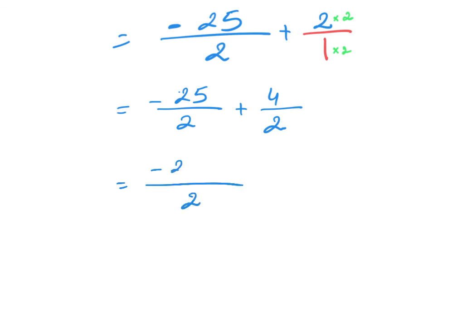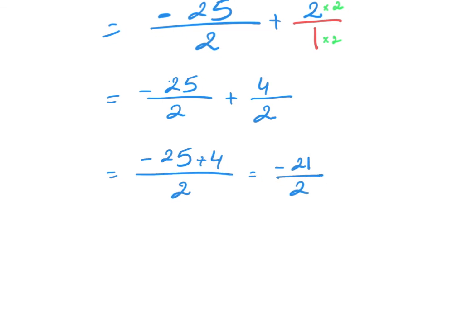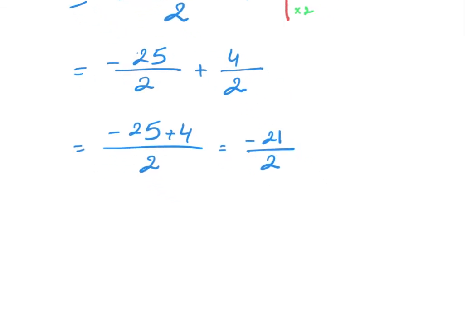It's going to be negative 25 plus 4. Now, negative 25 plus 4 will be negative 21 divided by 2, right? This is an improper fraction. You can change it to a mixed number. That would be negative 10 and a half, right? Negative 10 and a half.